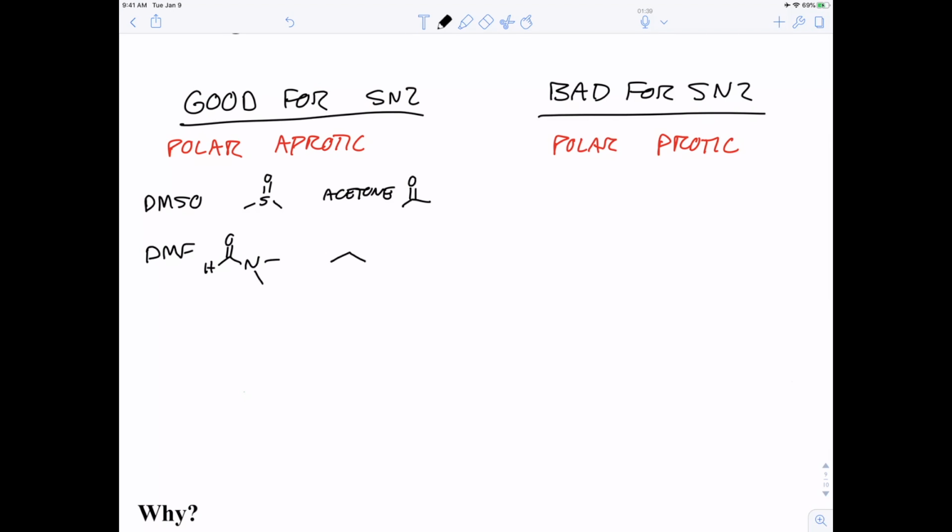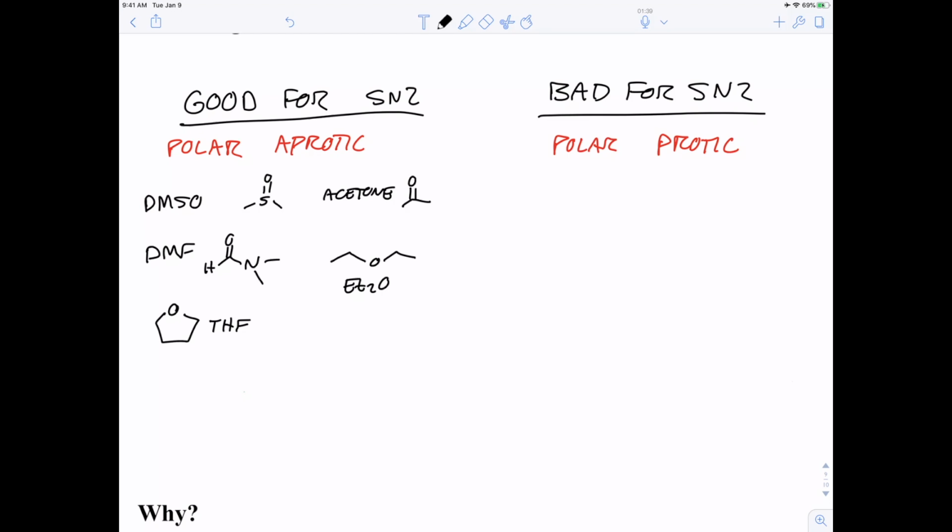Diethyl ether. You might see it as Et2O. That one is going to be really common for carbon-based groups when you're doing something like a Grignard. We often make Grignards in ethereal solvents like diethyl ether or THF, which is just a cyclic ether. That's another good one as well. So those are some good polar aprotic solvents that are going to help our SN2 reactions go quickly.